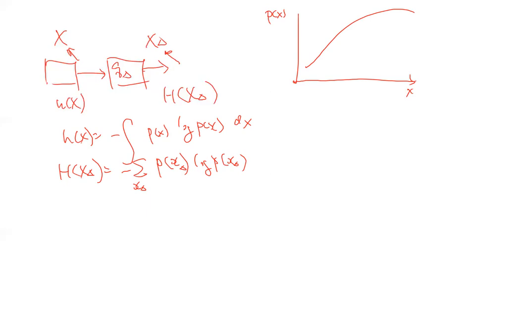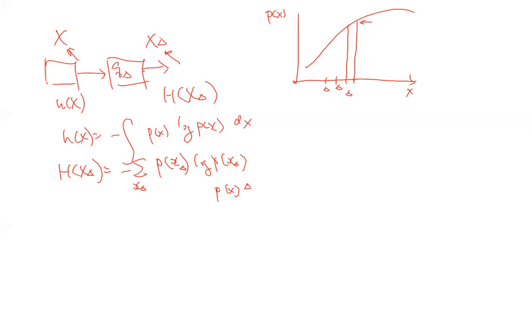After quantization, with a step size delta, the probability of a bin should be approximately equal to px times delta.